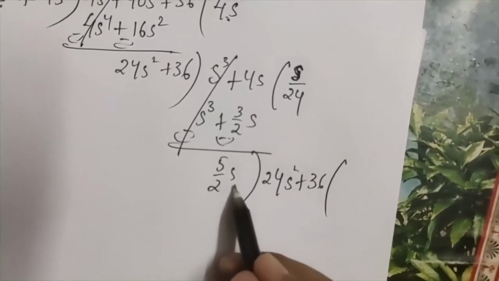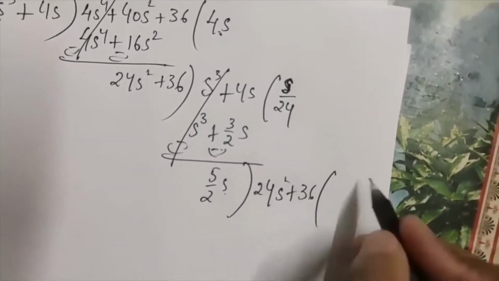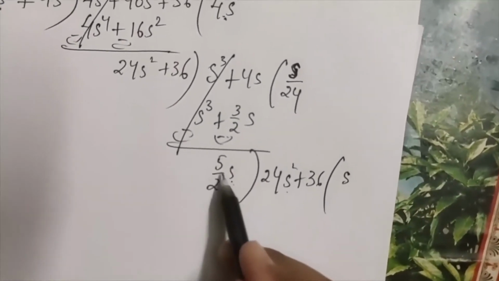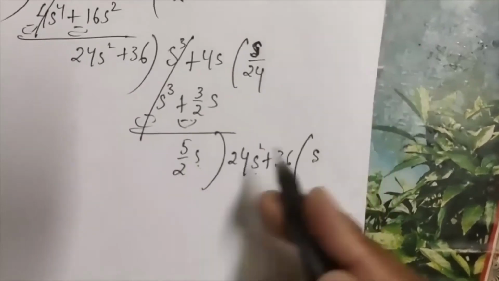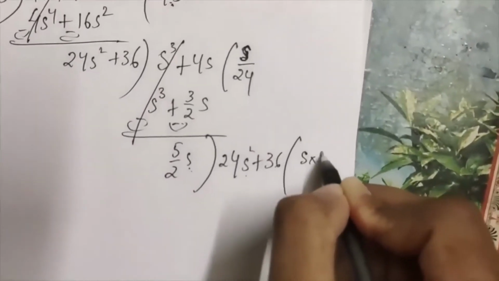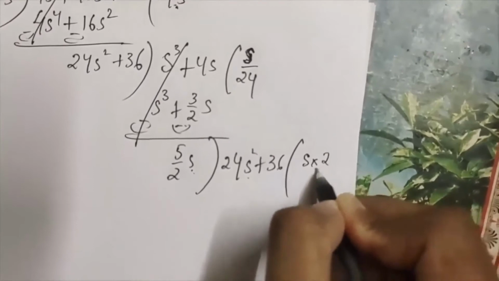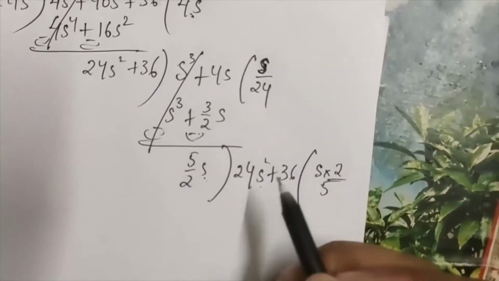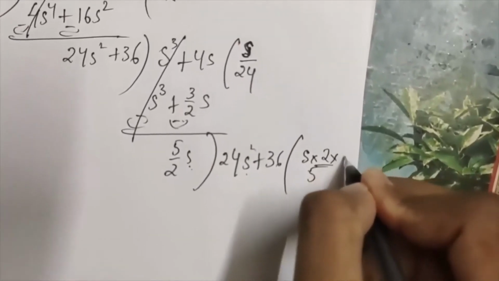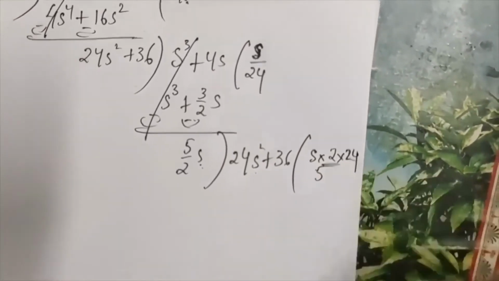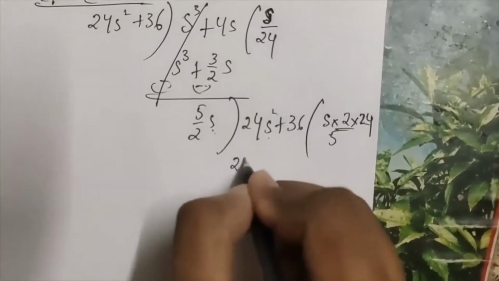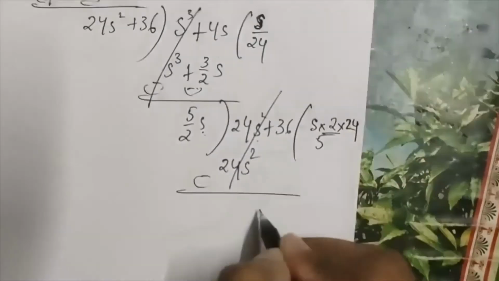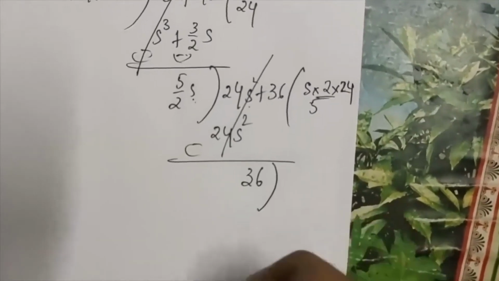Anyhow, I have to multiply by S since I want S square here. So 5 by 2, if I multiply by 2 by 5, and instead of 5 by 2 I want 24, so it is into 24. So we will get 24S square, remaining with 36.